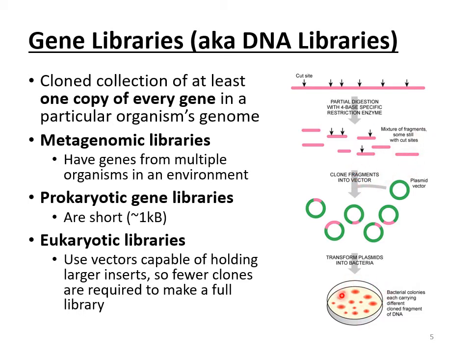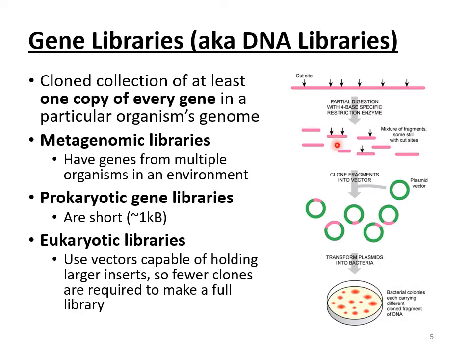Now keep in mind, each colony will not have every single gene. It's the whole plate that's the library. The plate will have all different bacteria, and each different colony will have different genes. So let's say this one here has this first part, and this one here will have this second part.